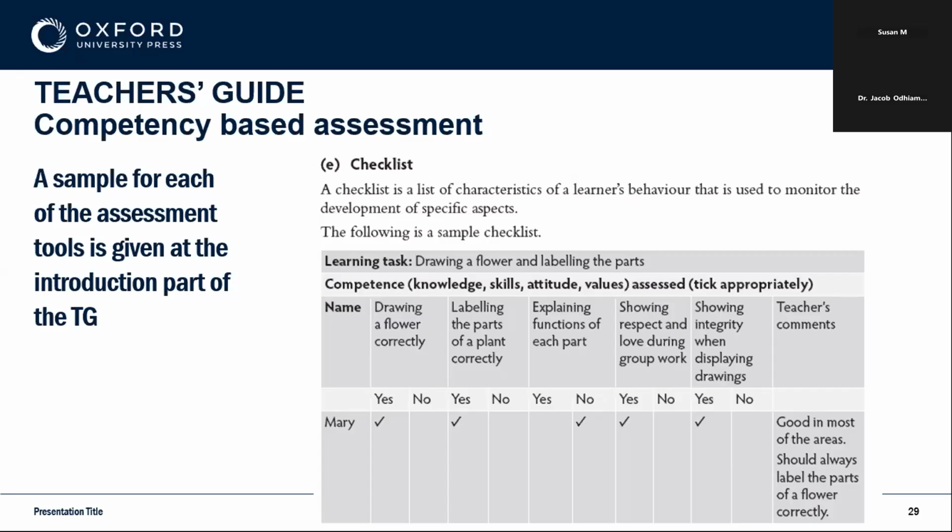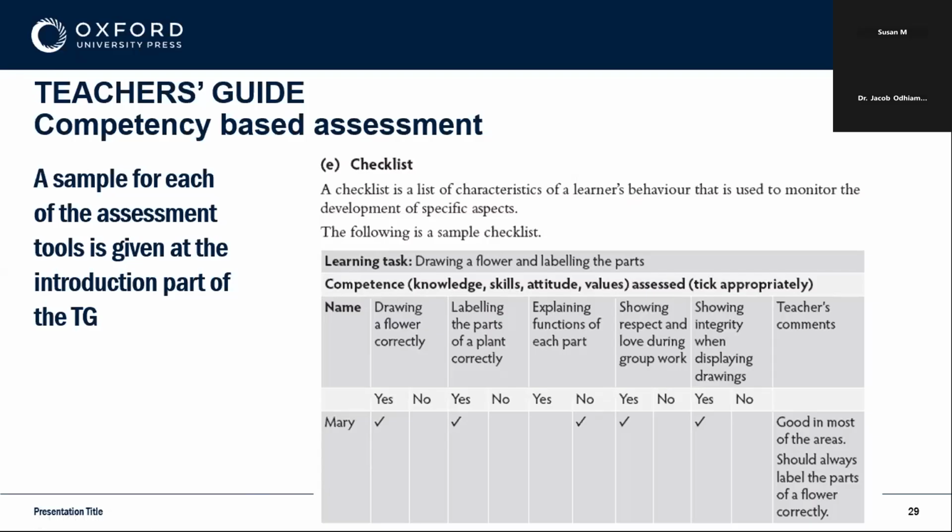Was the learner showing respect and love during group work? Yes or no? And was the learner showing integrity when displaying the drawings of a flower? So each learner will be rated yes or no. Here we have Mary, next one will be Joseph, and so on.